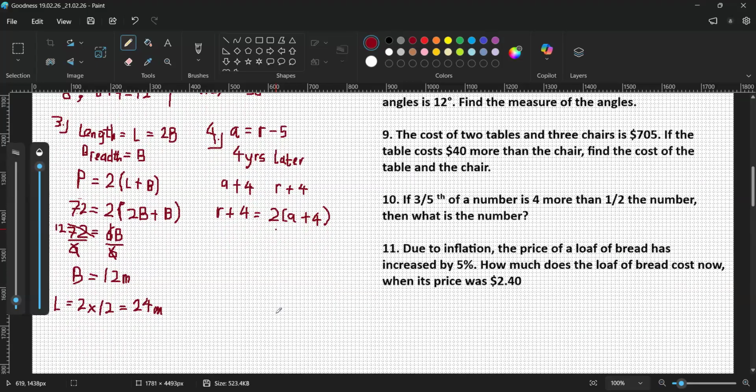I can choose to solve it the way we've been solving it, the elimination method, or I can solve it using the substitution method. In fact, the substitution method lends itself well to this. Let me show you what I mean. This is equation one, right? Yes, sir.